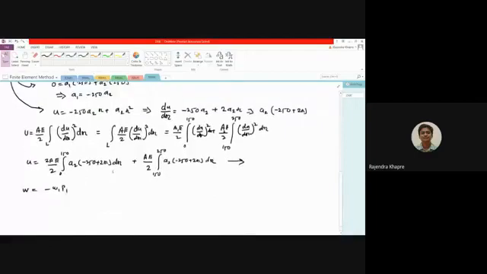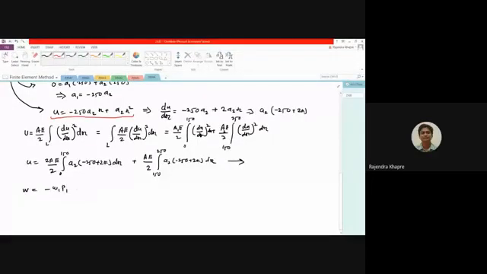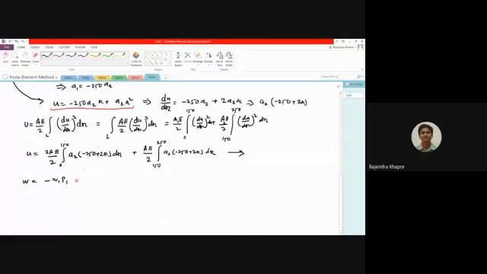You have already calculated the expression for the deformation. So in this expression, all we have to do is substitute the value of x as 150, because at point number 1 the value of x is 150. So all we have to do is write the minus sign over here, and you have a displacement.